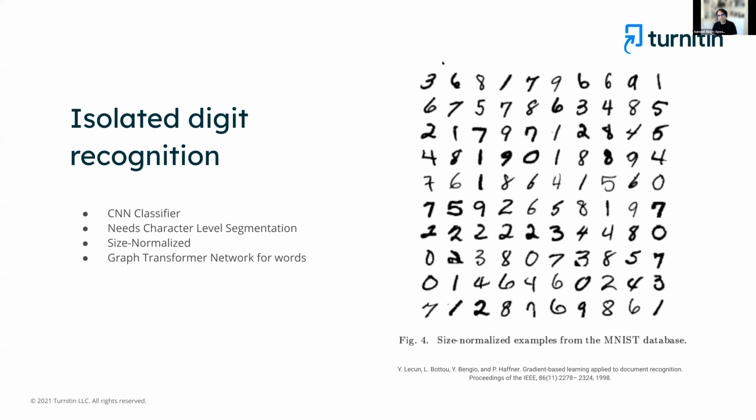This work was mostly concerned with segmenting out and isolating the digits separately, and then giving them to a CNN. They were not just isolated, they were also size normalized. So a lot of heuristics, which were completely data dependent, were applied before the CNN classifier was ready to do its job.